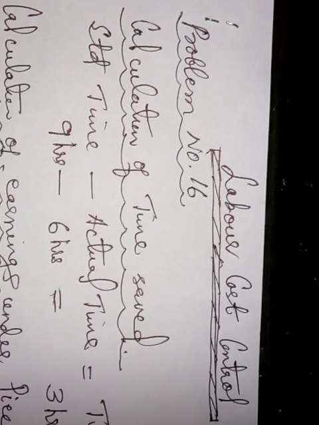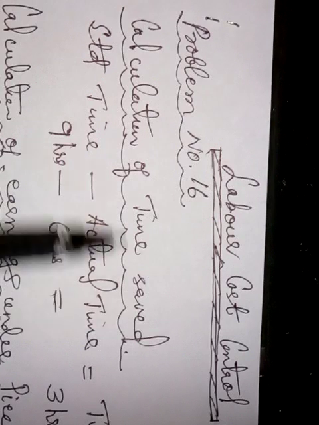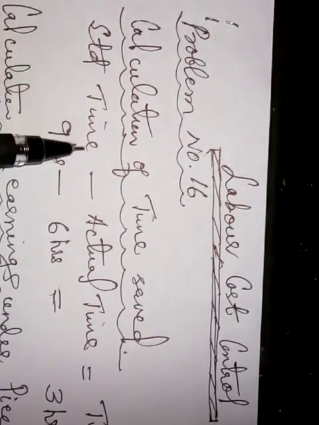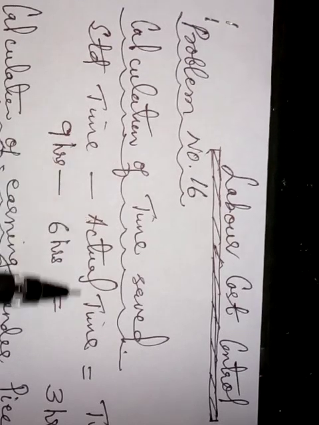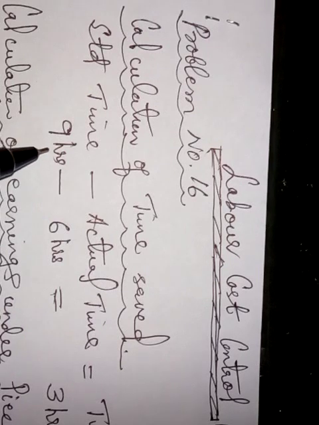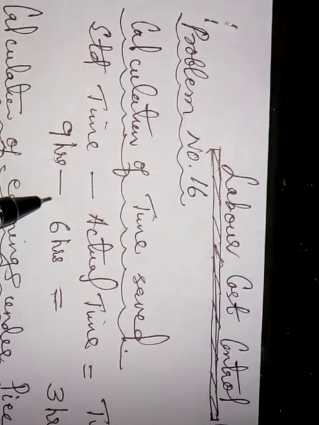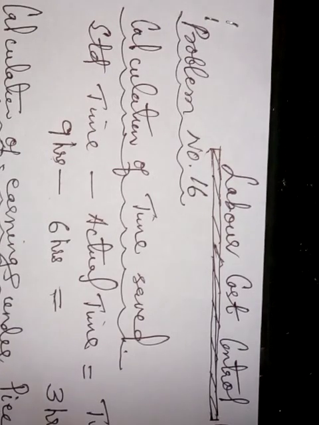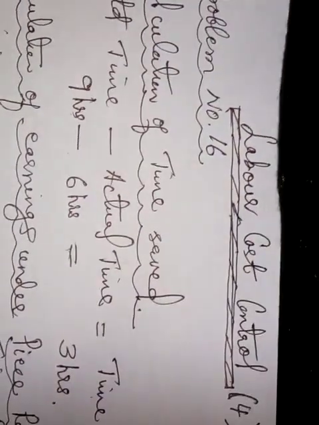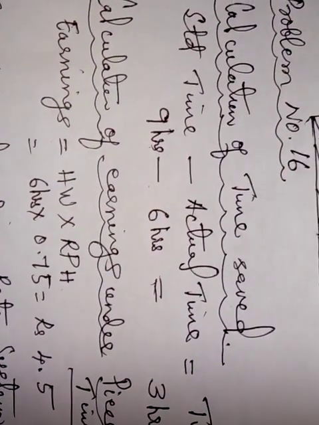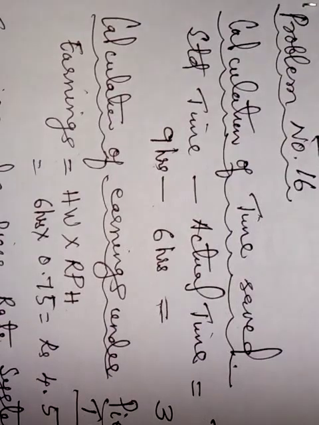Let us calculate the time saved first. It can be calculated as standard time minus actual time. Here standard time is 9 hours minus actual time taken 6 hours, so the time saved is 3 hours.